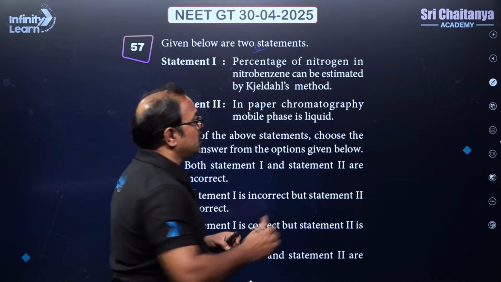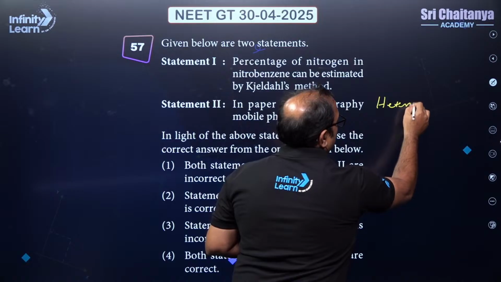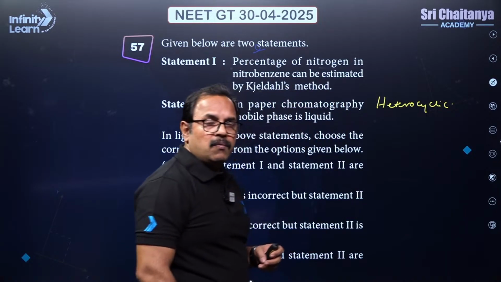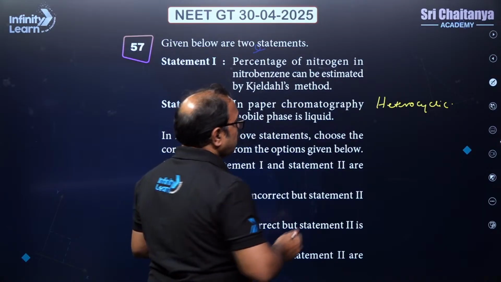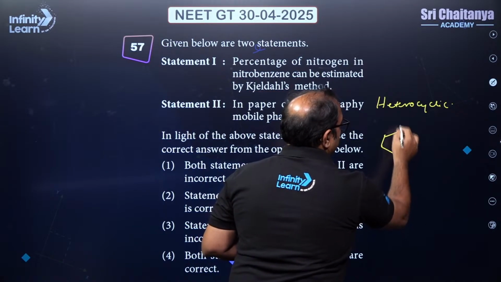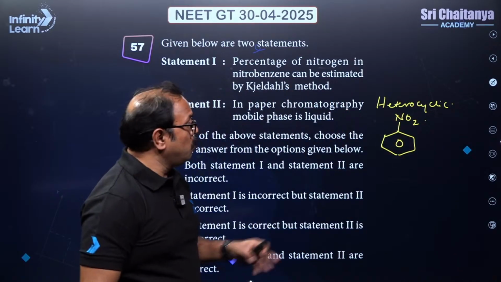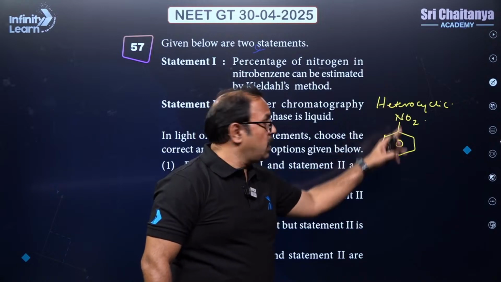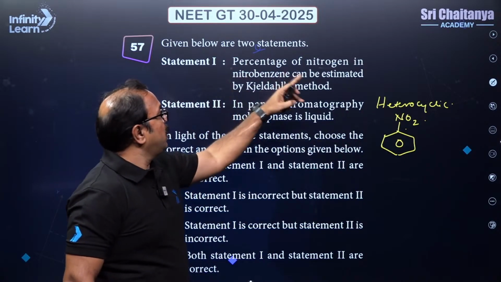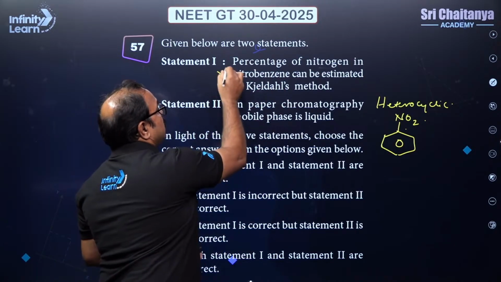So Kjeldahl's method is not suitable for heterocyclic compounds, like pyrrole and pyridine, which have nitrogen in them. It is also not suitable for nitro compounds, NO2, and azo compounds. So therefore, percentage of nitrogen in nitrobenzene can be estimated by Kjeldahl's method is incorrect.